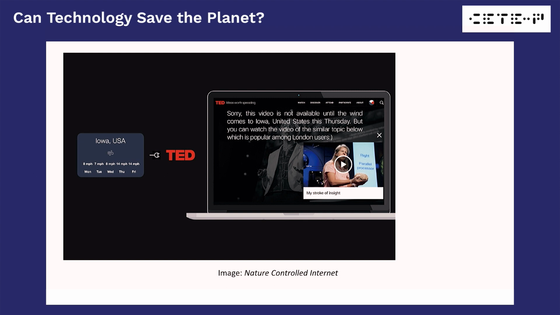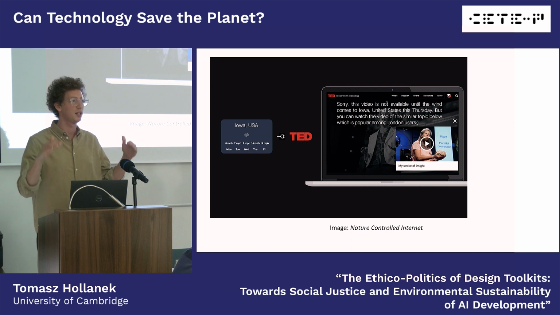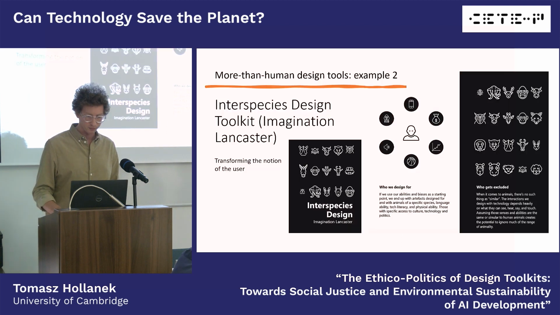So, for example, if it's a very windy day, your internet will be faster. If it's a day without wind or without sun, it might slow down. So again, the idea that designers can help users, humans, attune to non-human rhythms.